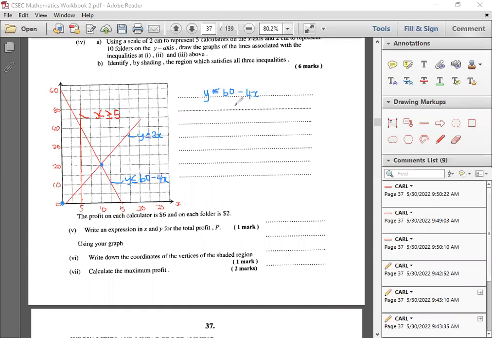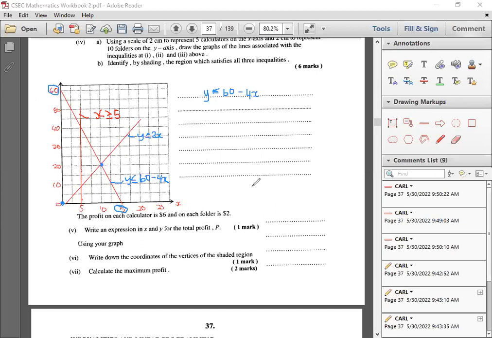What you should notice is that on the y-axis, the line is going to run from 60 to 15 on the x-axis. Anybody can tell me why 15 on the x?